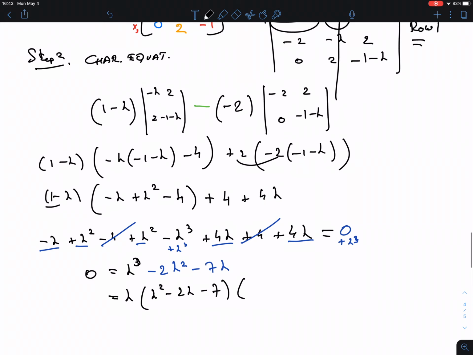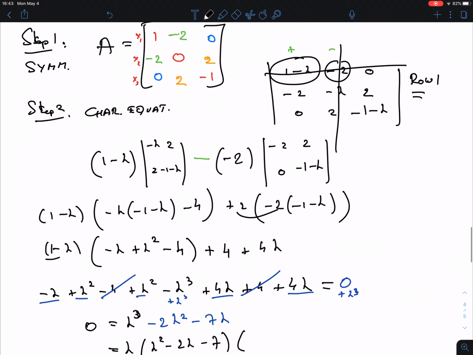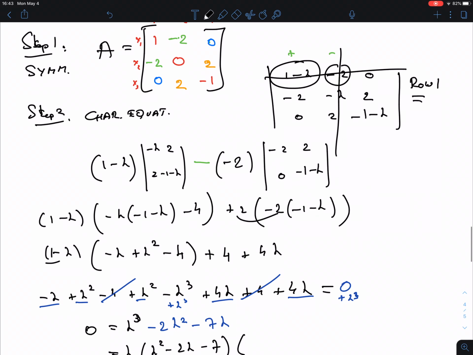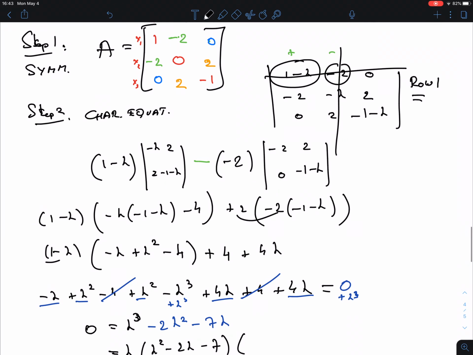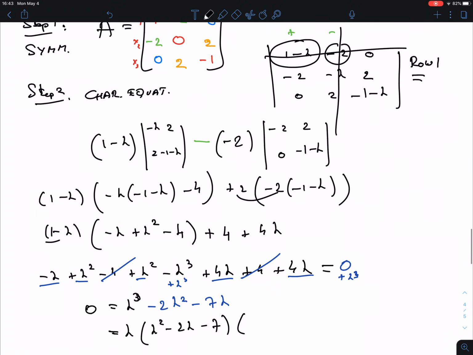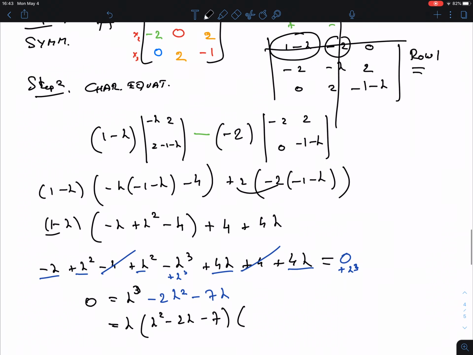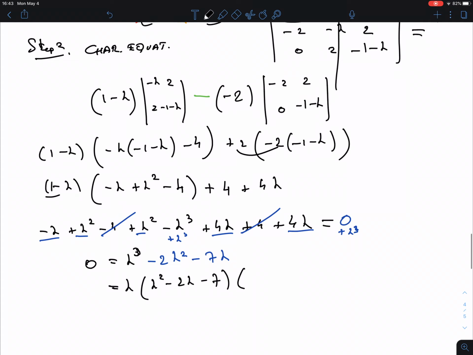Okay, that's missing. Minus lambda, minus 1 lambda, minus 4. I have my matrix here. 2 minus 1 lambda. And then I expand it there, and I get minus 2, 0, minus 1 lambda, so that sounds correct.